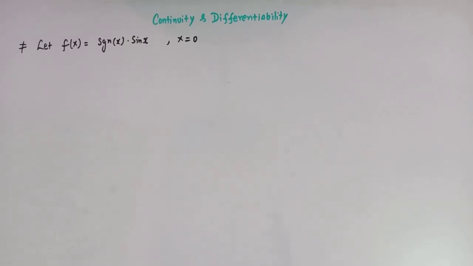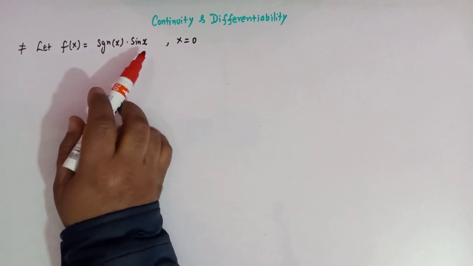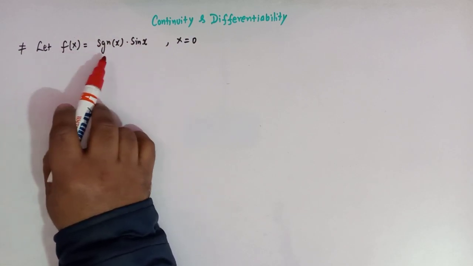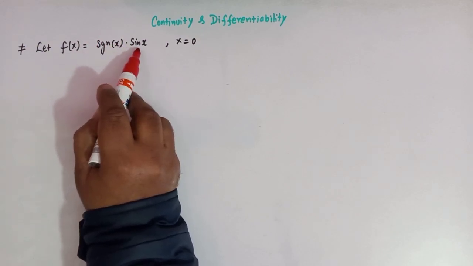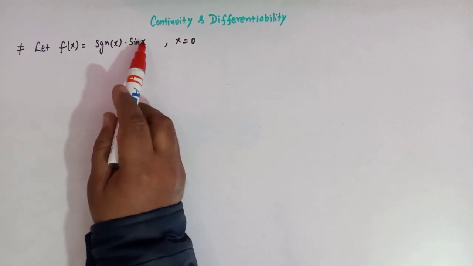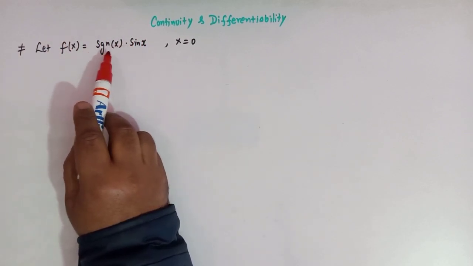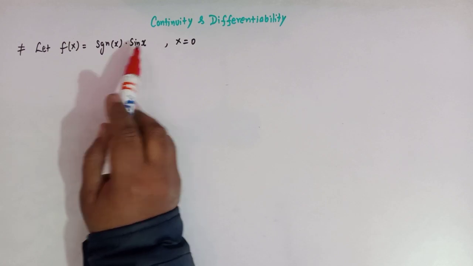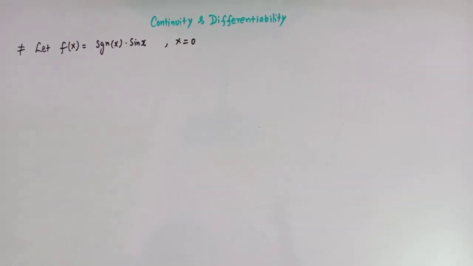Hello viewers, in today's class we are going to discuss the continuity and differentiability of this given function. Here we are given a function f of x is equal to signum of x times sine x, and we have to see whether this function, which is the product of signum function and sine function, is continuous and differentiable at x is equal to 0.